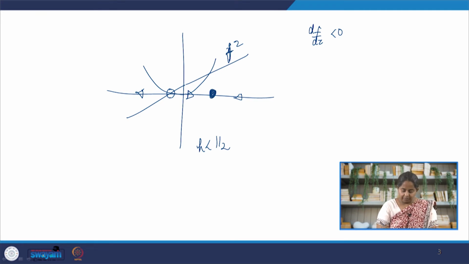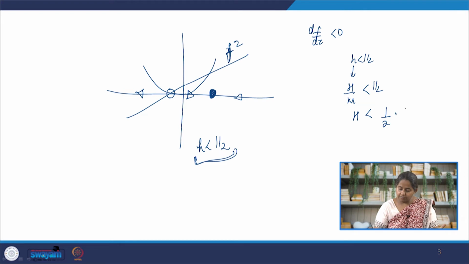unstable. So if h is less than half, if we are reducing the rate at which we are fishing, h less than half, which is equal to h by K r less than half, which means h is less than half of the carrying capacity and growth rate of fishes. If we are limiting our fishery to less than this number, then we have two fixed points.